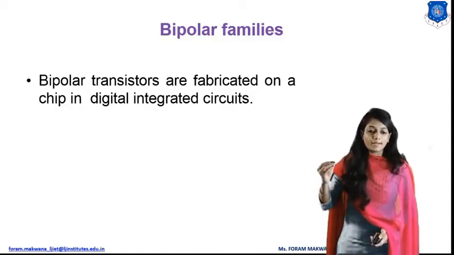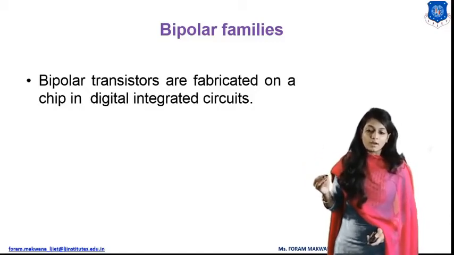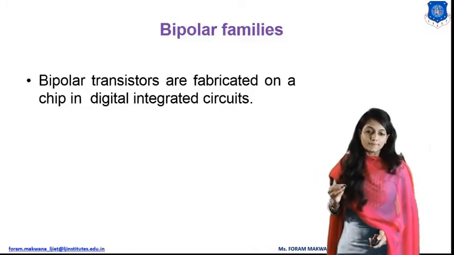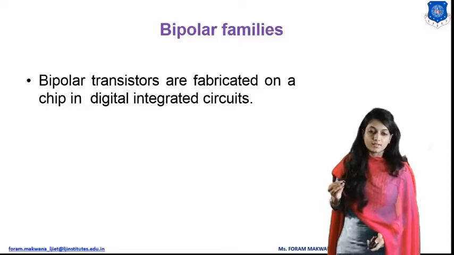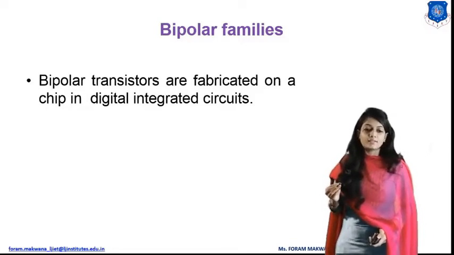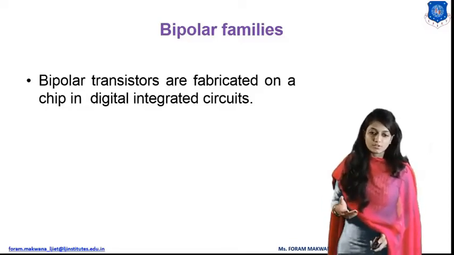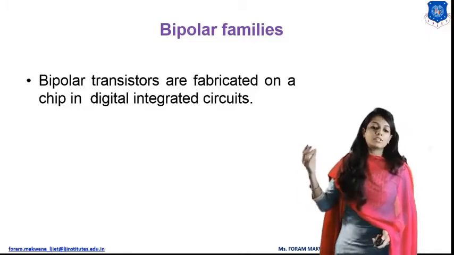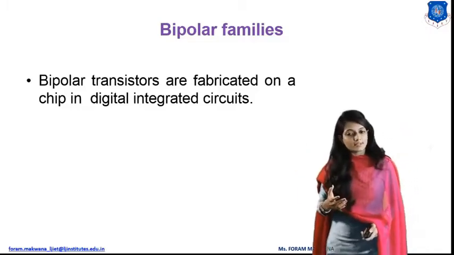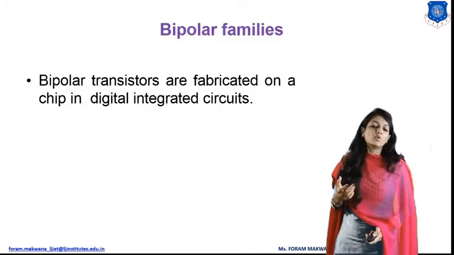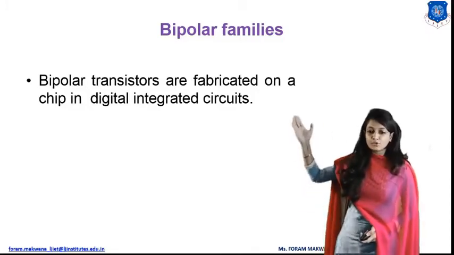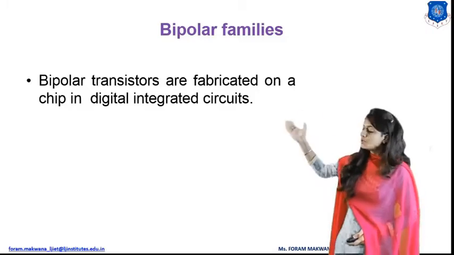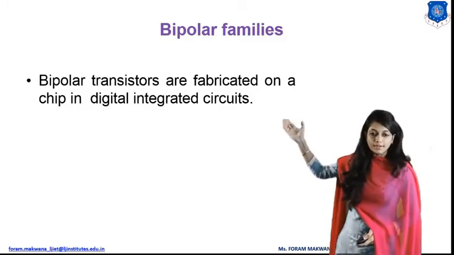As we apply an input signal, or a logic 1, that means my transistor is in the on state, so it will act as a closed switch. And if I apply logic 0 to the input of the transistor, then it will act as an open switch. So the application of the transistor here is that it is used as a switch, right?